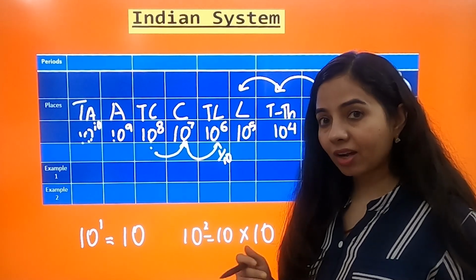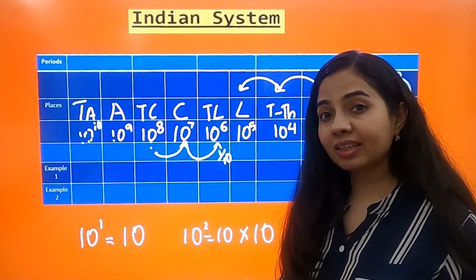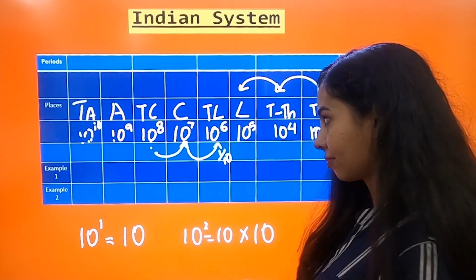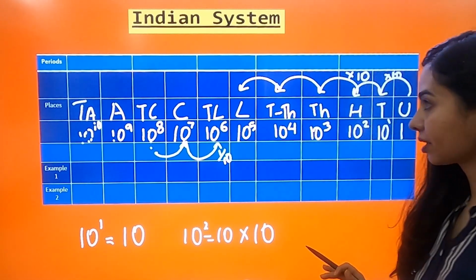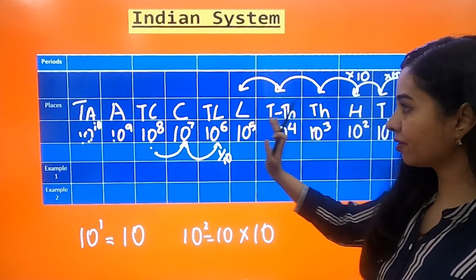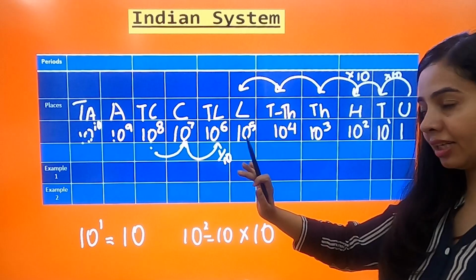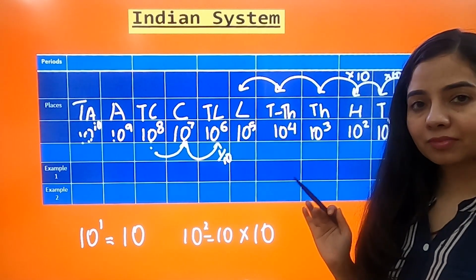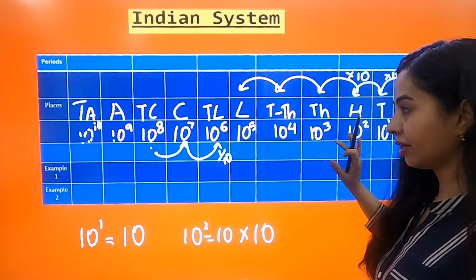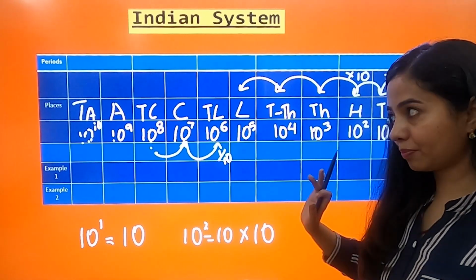That is, the value is decreasing 10 times. Just 1/10 is left. Now, we have understood units, tens, hundreds, and these places go till 10 Arabs, and this goes on. So here we are doing till 10 Arabs.